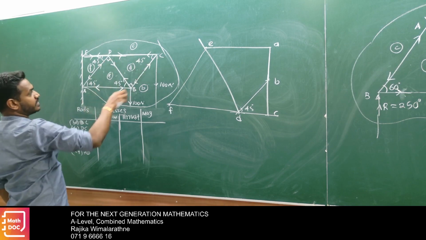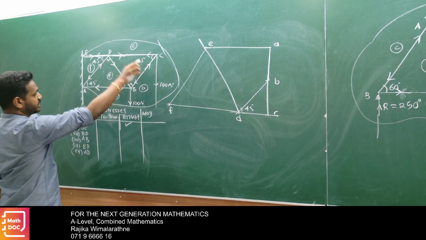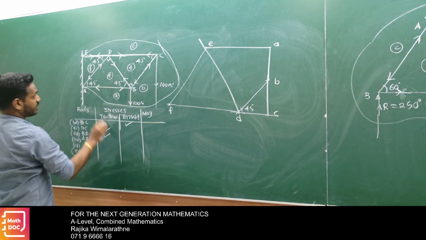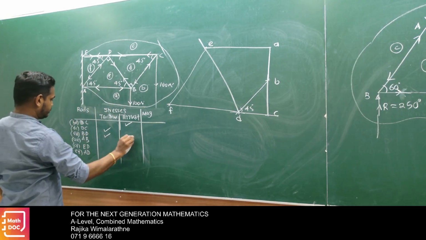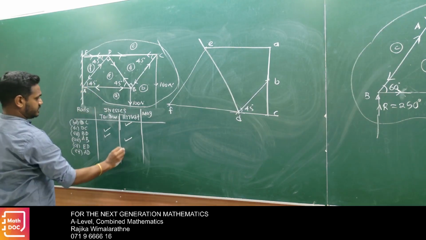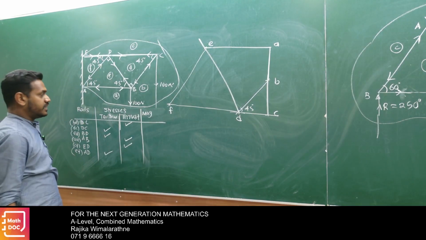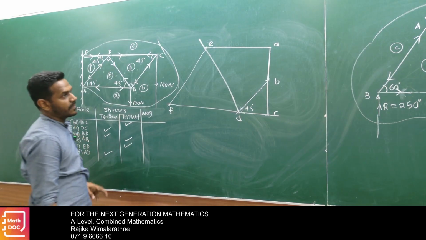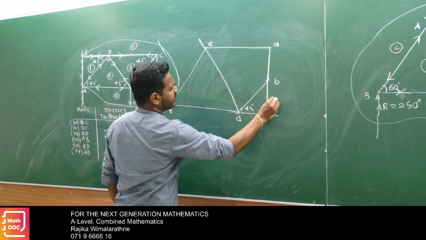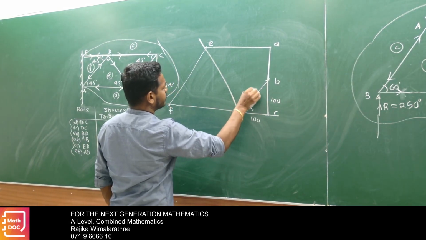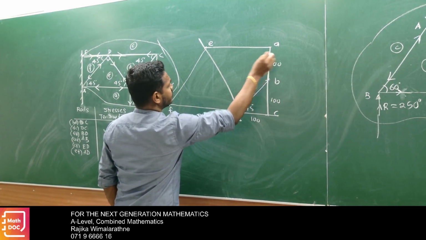DC, before that BC thrust, DC tension, BD tension, AB thrust, ED thrust, AD tension. Then find values, BD. Here BC 100, no? Then this will be 100, this will be 100 root 2, here another 100, no?